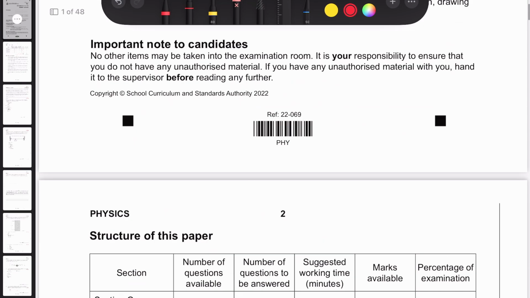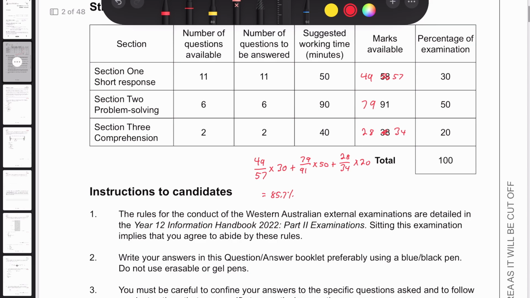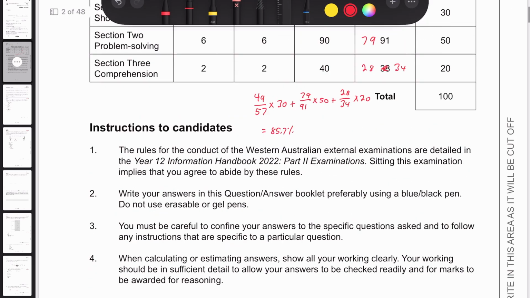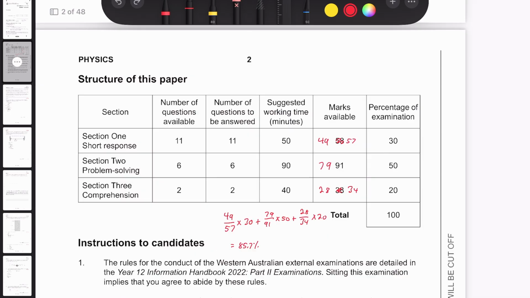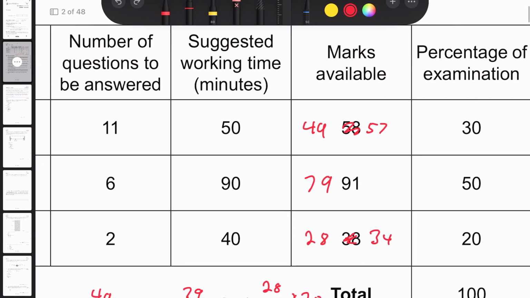We got a tragic score of 85.7%. Wow. When I said it wasn't looking good for us, it really wasn't. I took a mark off from here because it needed a diagram. In the SCASA exam there was the image, and you needed it.